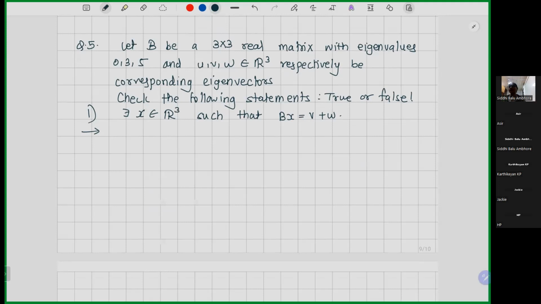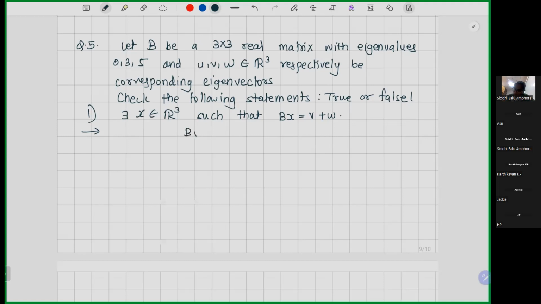When we say V plus W, that would imply 3V plus 5W. Here 3 is the eigenvalue lambda and V is the eigenvector, so B applied to V would be 3V and the other one would be 5W.